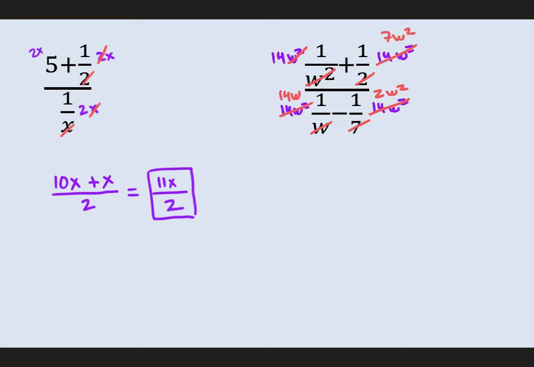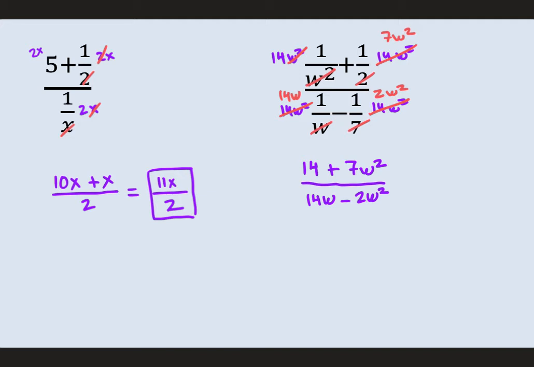All right, we're going to multiply what's left over with the numerator. So 14 times 1 in the top left is 14, plus 1 times 7w squared is 7w squared, over 14w times 1 is 14w, and then minus 1 times 2w squared is 2w squared.